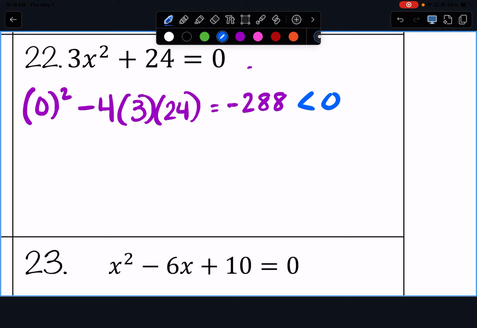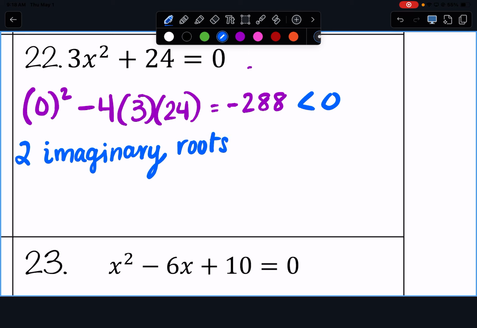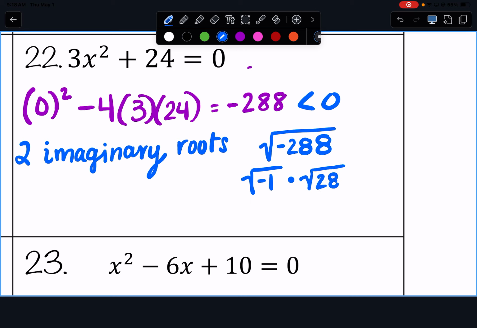What that causes to happen is it's going to have 2 imaginary roots. Can we see why we have that? If we look at the square root of negative 288, we have to split that into negative 1 times the square root of 288. What's the square root of negative 1?